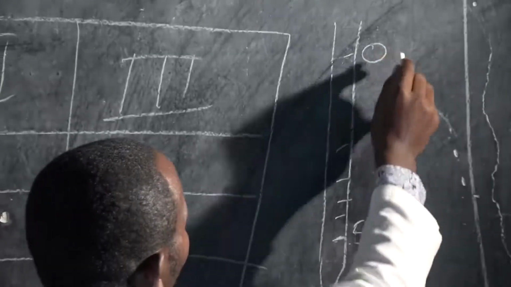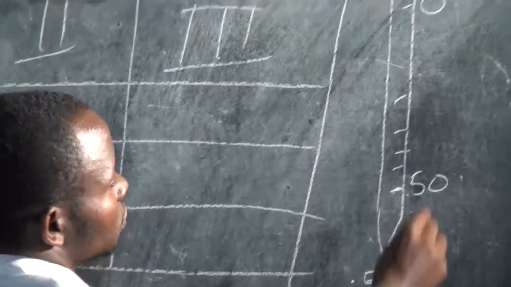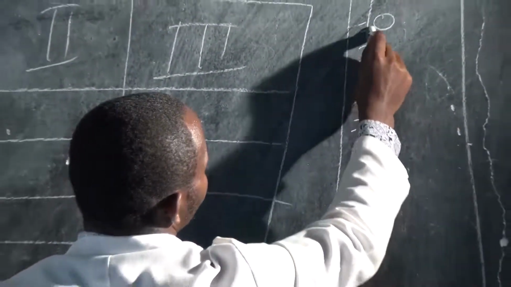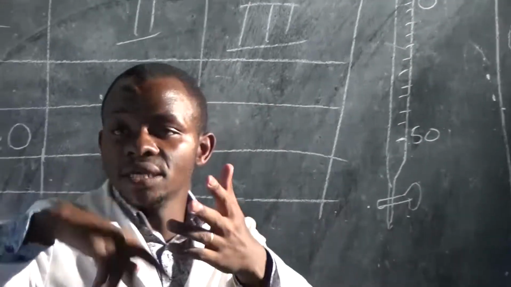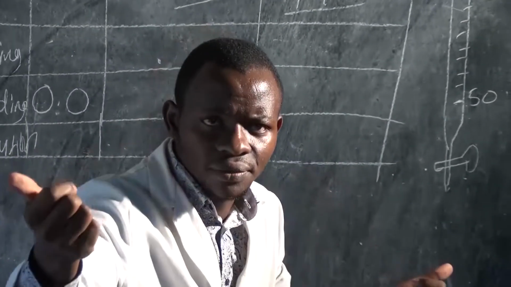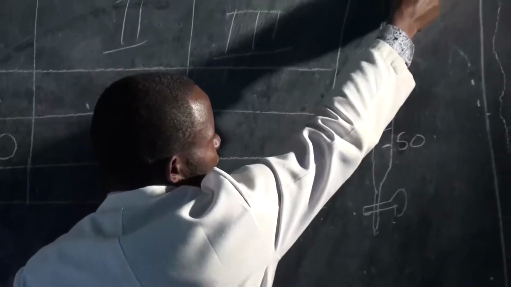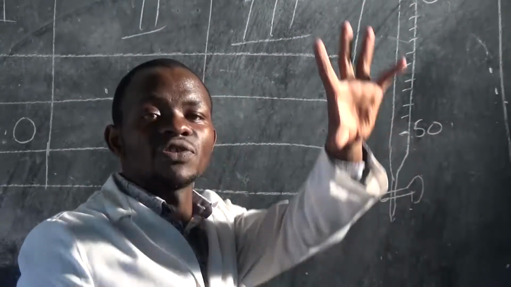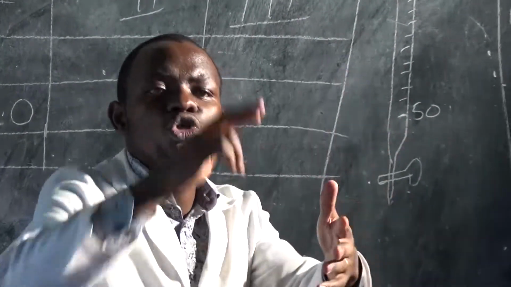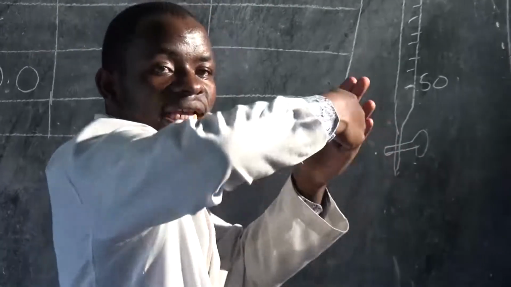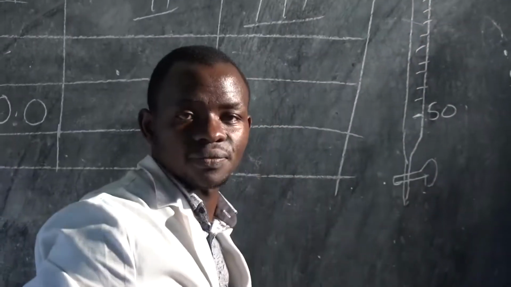Now here we have 0. So we are looking at the reading. We want to read, okay? Now starting here, we are going downwards. The last one is 50, okay? So we read starting upwards, going downwards.